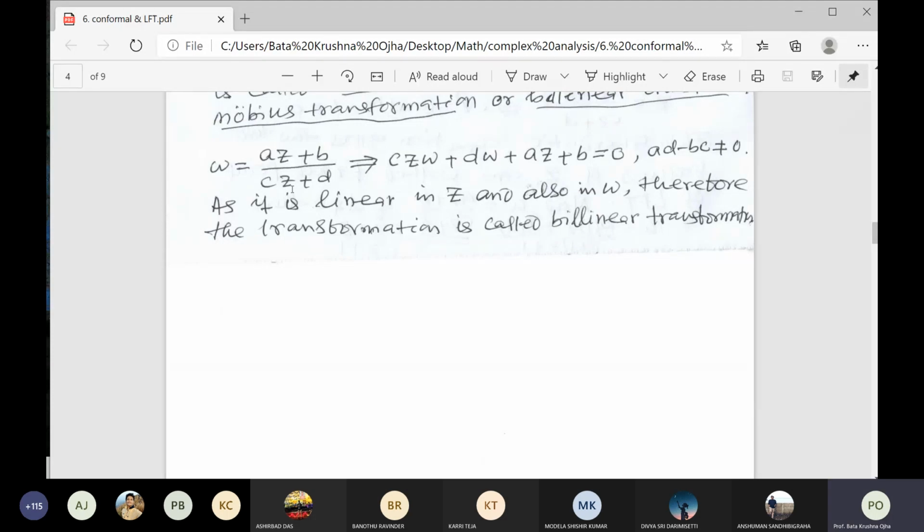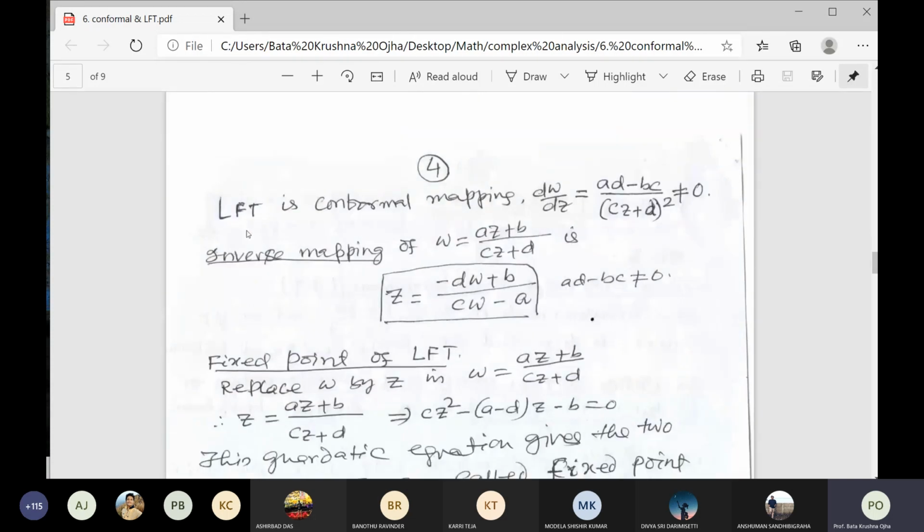Can you claim this is conformal? This mapping is conformal if z is not equal to minus d by c. The mapping is not conformal if z is equal to minus d by c, because if you substitute, the denominator becomes 0 and the function is not analytic. Another condition: if you find the derivative dw by dz, you see the value.